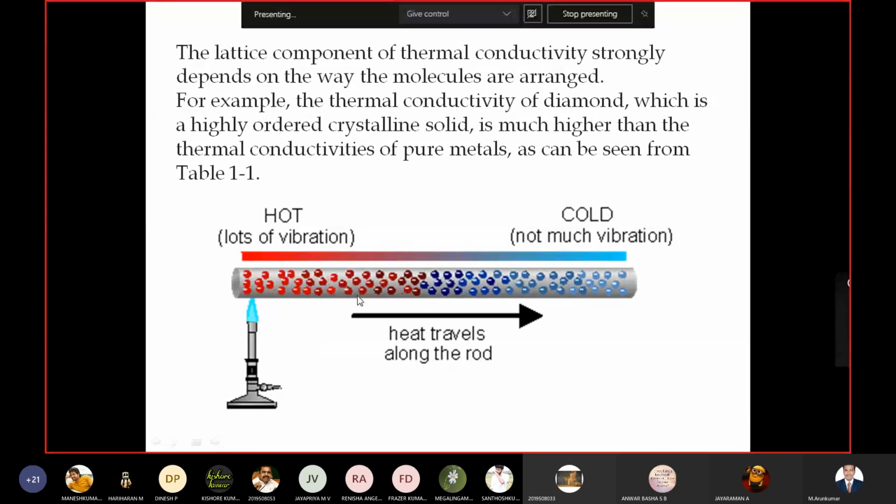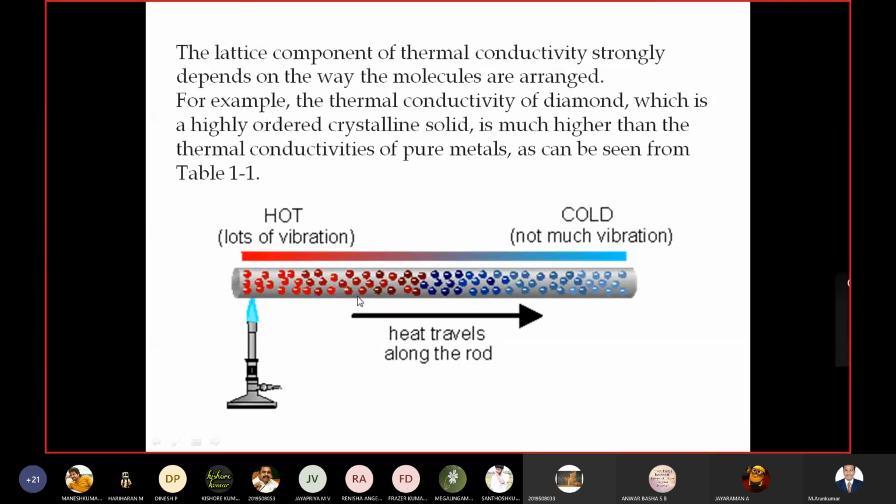Depending on the crystallinity of the material, the thermal conductivity will vary. Diamond has high crystallinity, so high thermal conduction will happen. The thermal conductivities of some pure metals are stated in Table 1.1, which will be in the next slides.